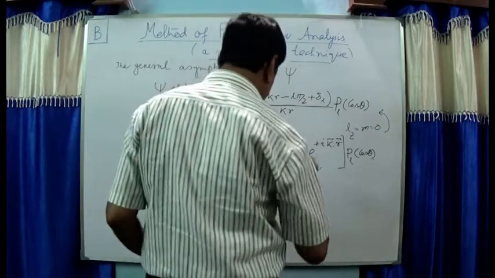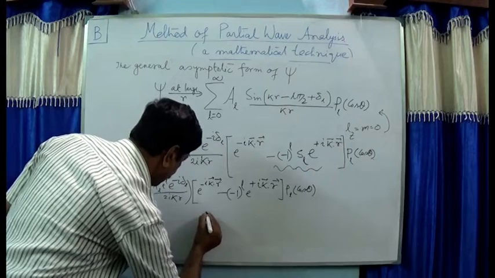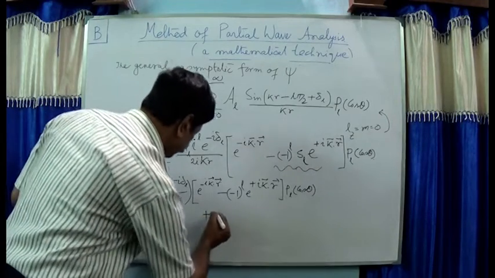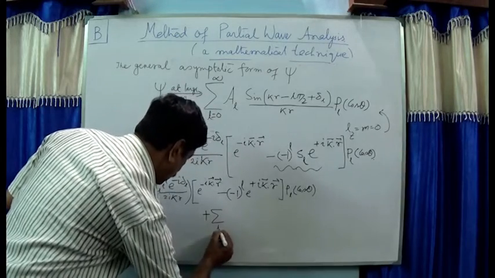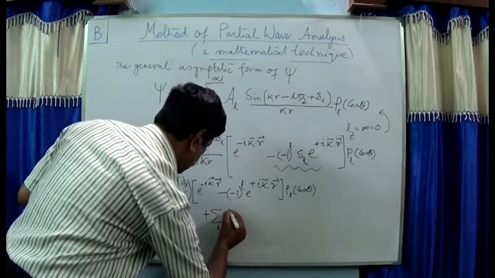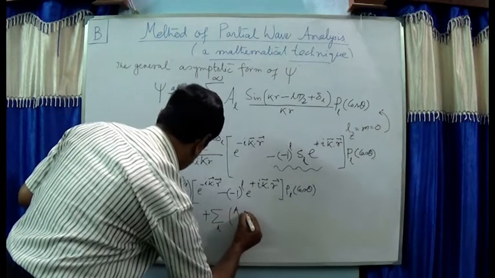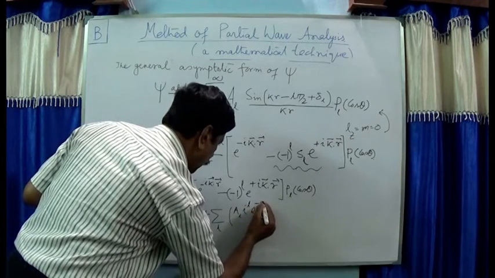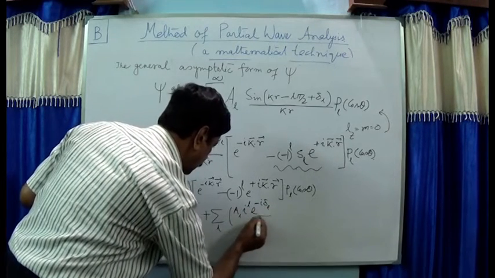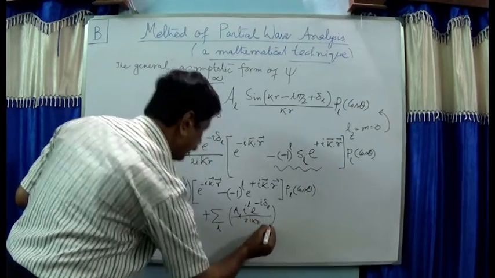This may be the first part, and then plus sum over L, A_L i to the power L e to the power minus i delta_L by twice i k r.